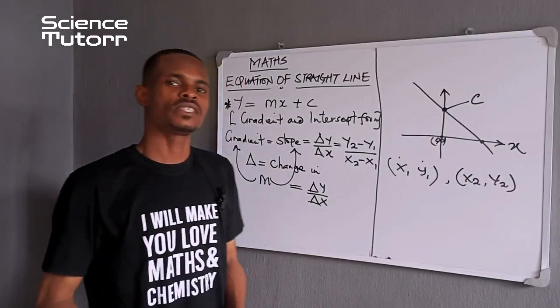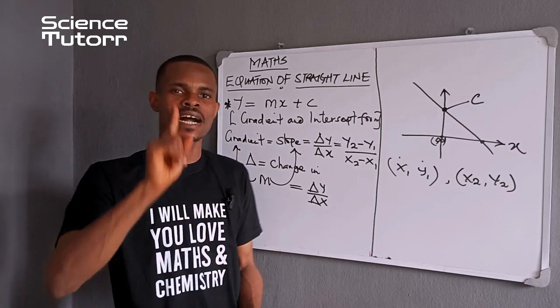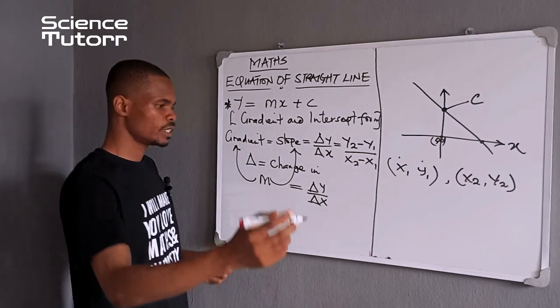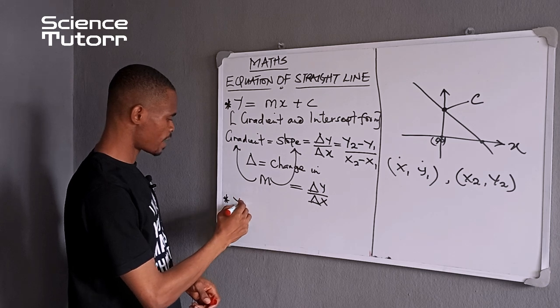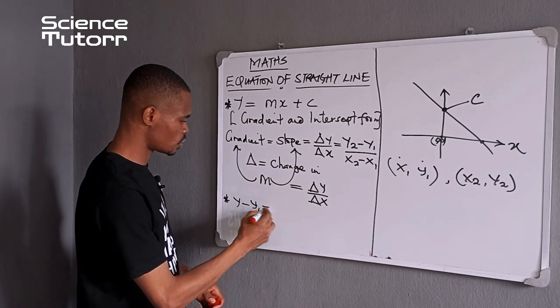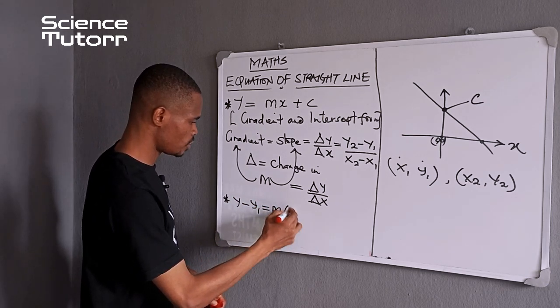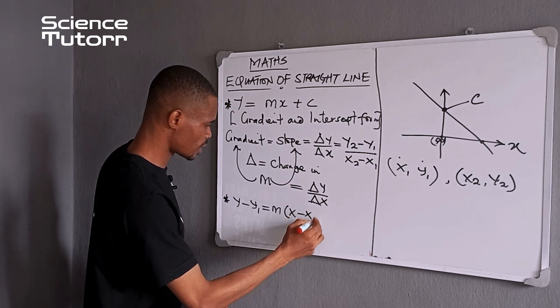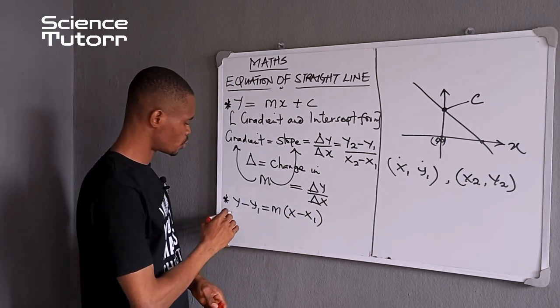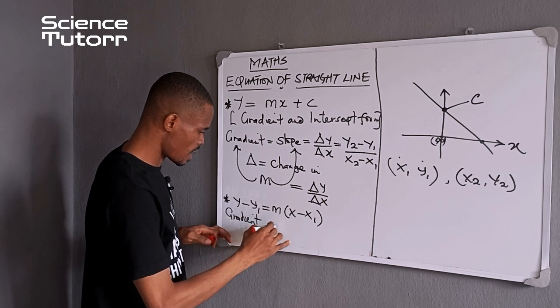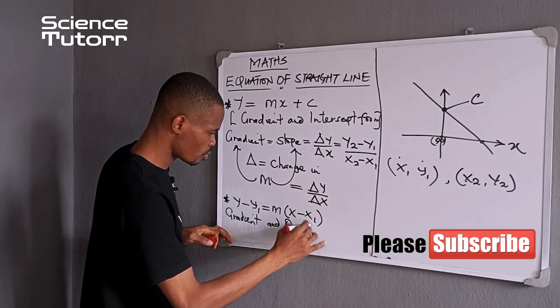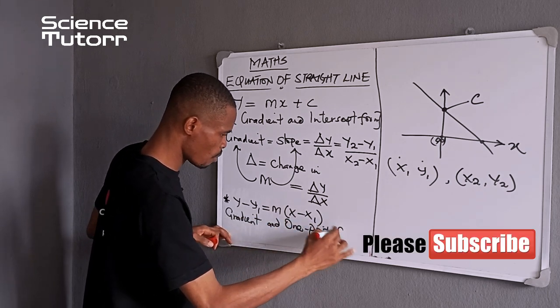The second piece is what we call the gradient and one-point form. It is written in this form. We have the formula y minus y1 is equal to m into x minus x1. This is called the gradient and one-point form.